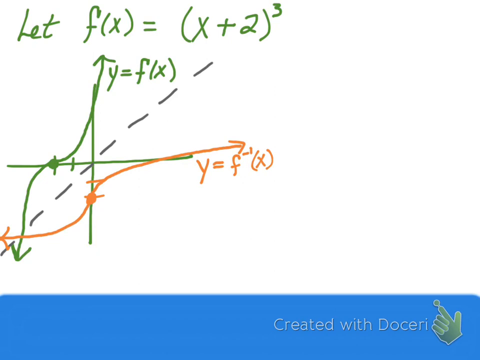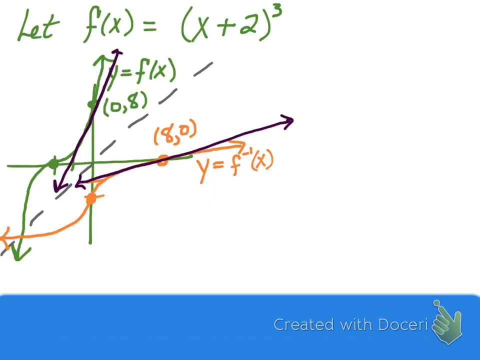We are going to specifically look at the tangent line at the point (0, 8) on f at x and the point (8, 0) on f inverse of x. So here's our tangent line at (0, 8) on the original function, and here's our tangent line on the inverse function at the point (8, 0). Remember, for inverse functions, we switch x's and y's.